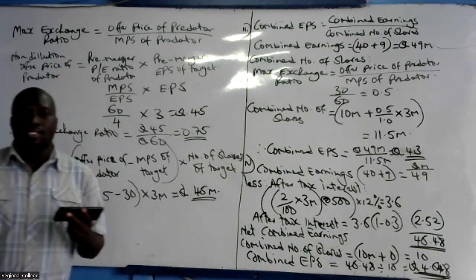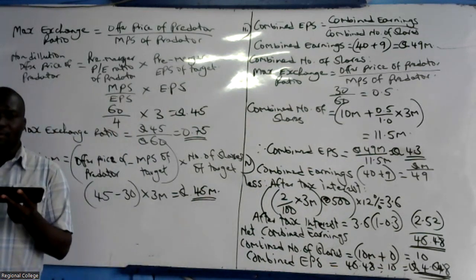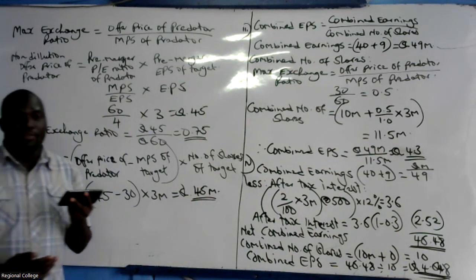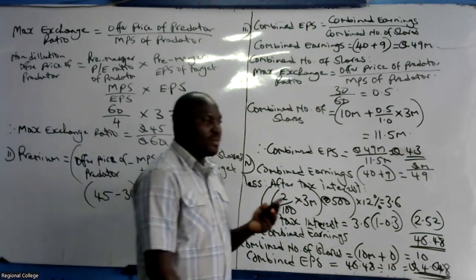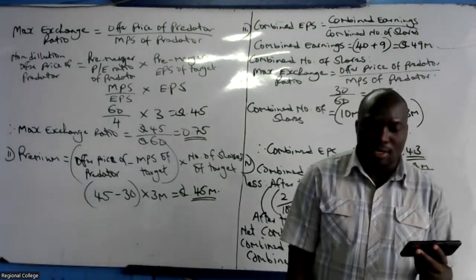What can the shareholders of the target firm do to chase away the predator and avoid the hostile takeover? What are the defensive tactics available to the target firm that will enable them to avoid the hostile takeover?